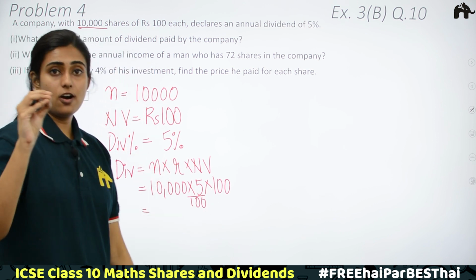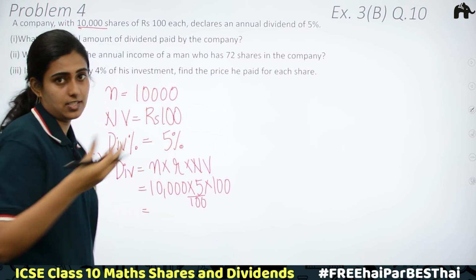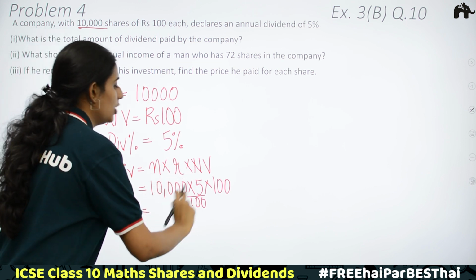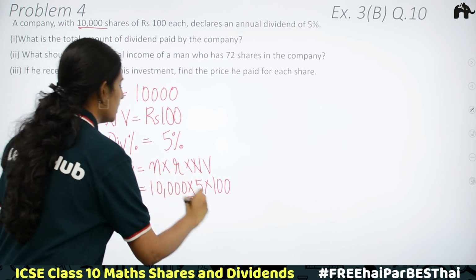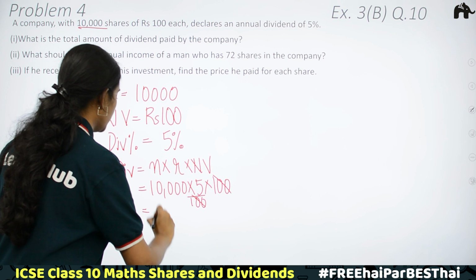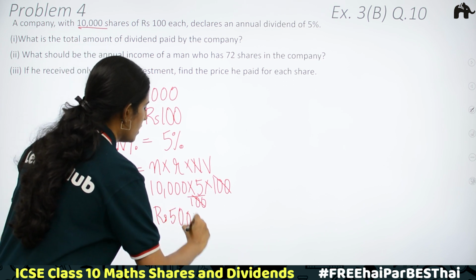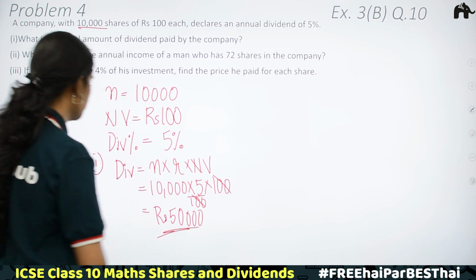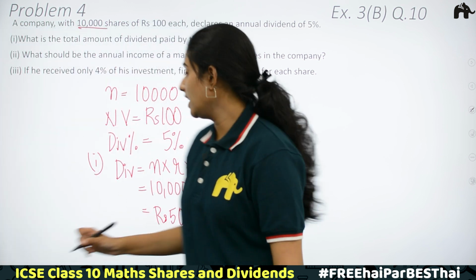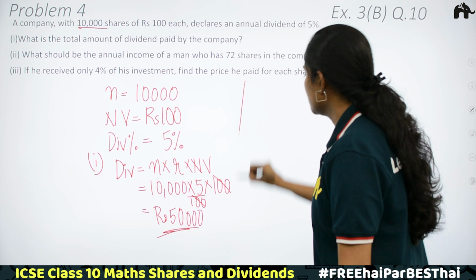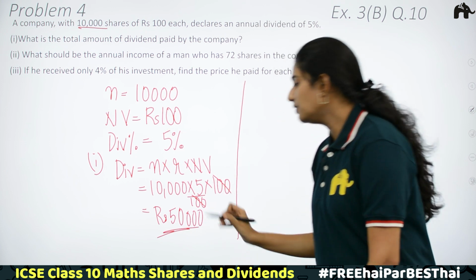Rate will always be 5 by 100. Never forget to put this 100. You can cancel these hundreds. You will be getting dividend as rupees 50,000. Clear? We got the dividend for the first question, which is equal to rupees 50,000.